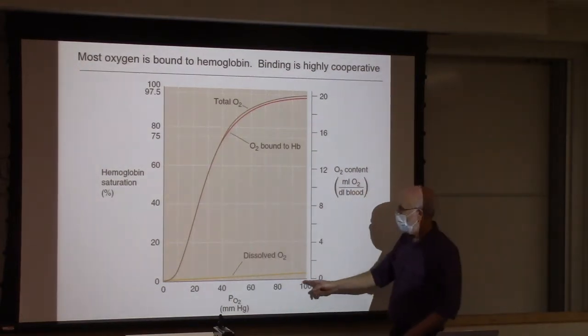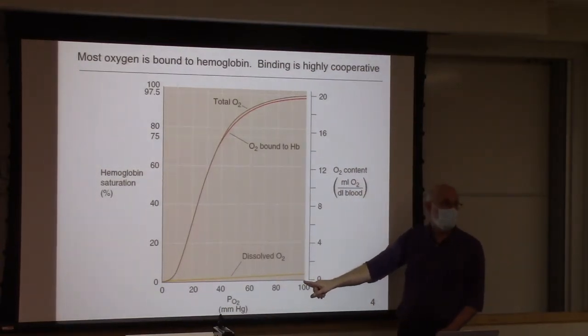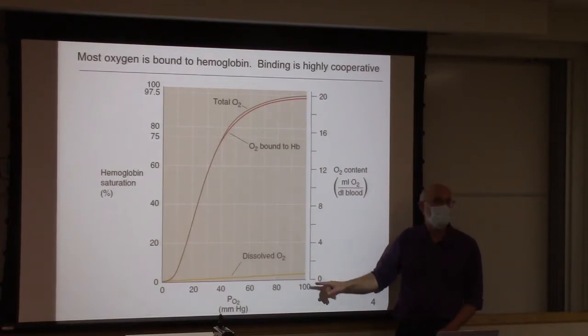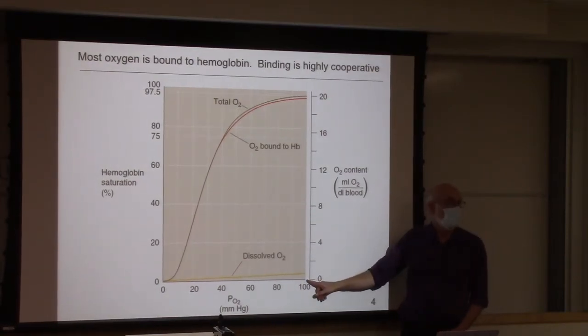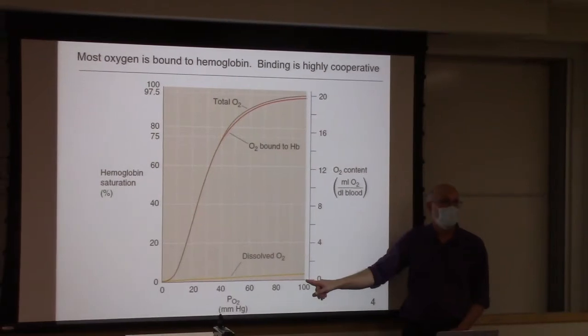So here we are at 100 millimeters of mercury of oxygen. So this is alveolar, this is oxygenated blood, right? 100, it's 105 in the alveoli, it's 100 in well-oxygenated arterial blood.